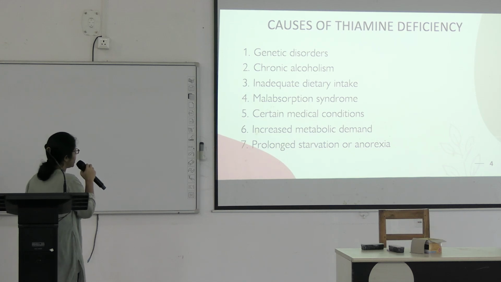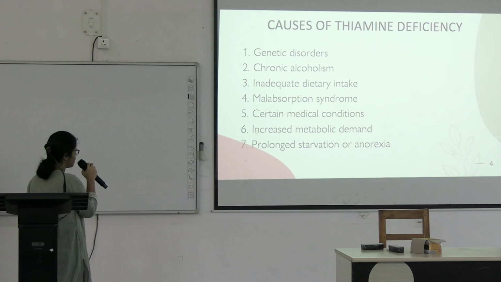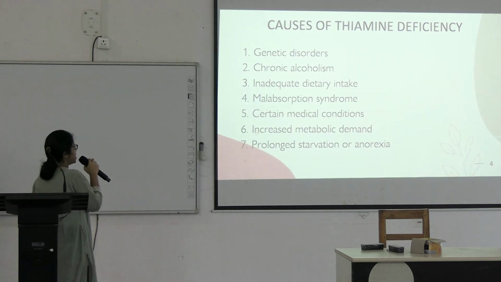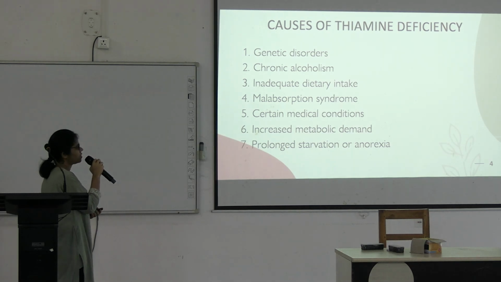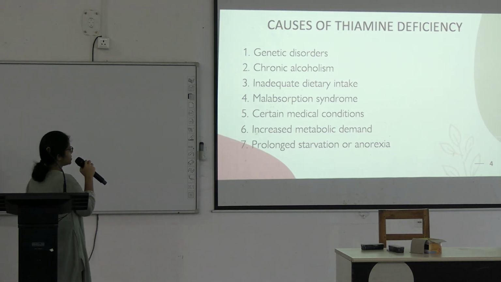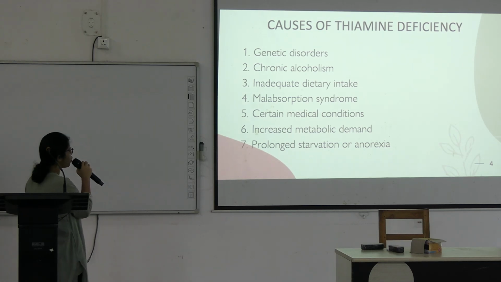Then inadequate dietary intake, if we lack thiamine in our diet, with more polished rice and highly carbohydrate-rich food. Then certain medical conditions like diuretic therapy and chemotherapy, where the drugs decrease the level of thiamine, and other causes like malabsorption syndromes, increased metabolic demand, prolonged starvation and anorexia.